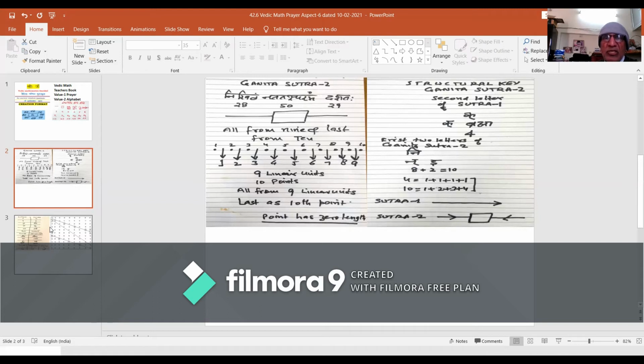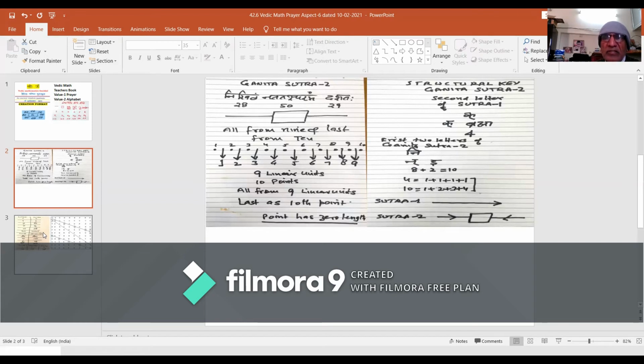The first letter of Ganita Sutra 1, A, is of TC value 6. The first pair of letters of the text of Ganita Sutra 2, namely Ni, are of TC value 8 plus 2 is equal to 10.